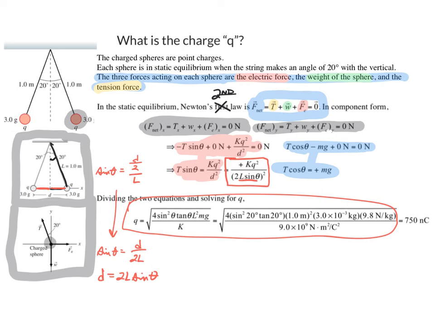So basically, you would need to solve the y parts for T, and you're just plugging mg per cosine theta in for your T. So T would equal mg over cosine theta, and we would take that, plug it in for T, and solve that for Q. So that's where that comes from. You should be able to do that given your algebra. And so we get 750 nanocoulombs.